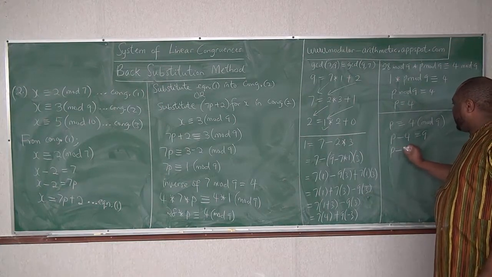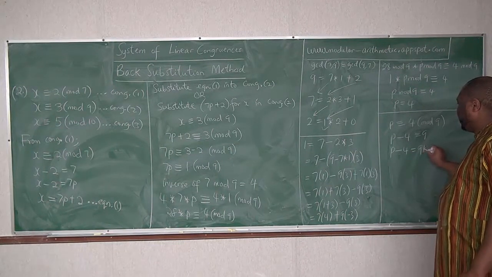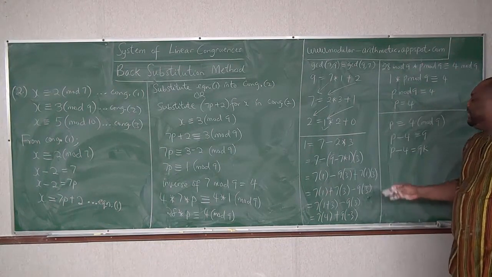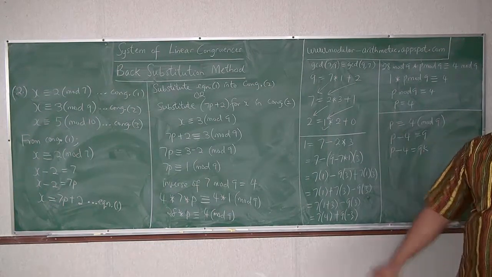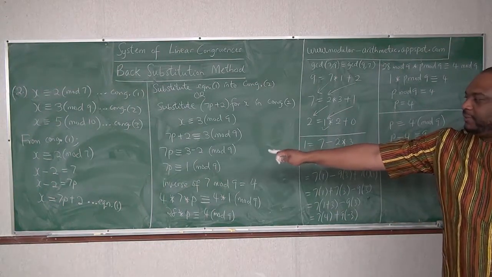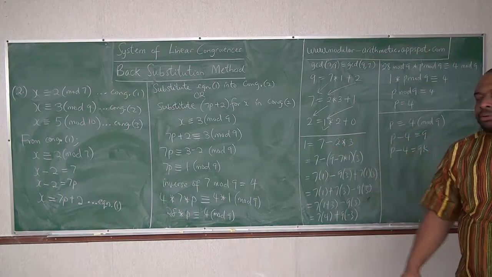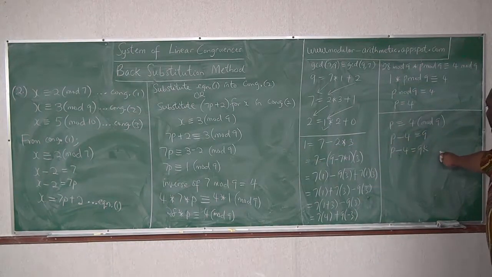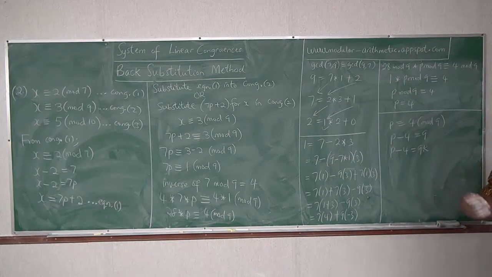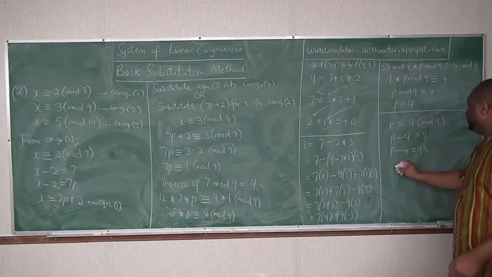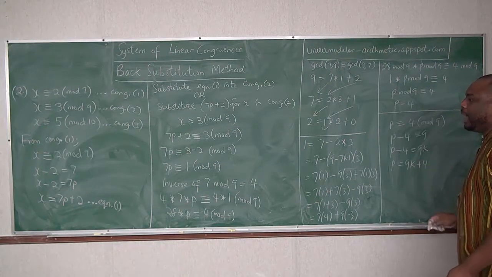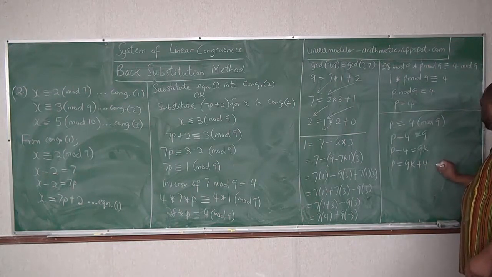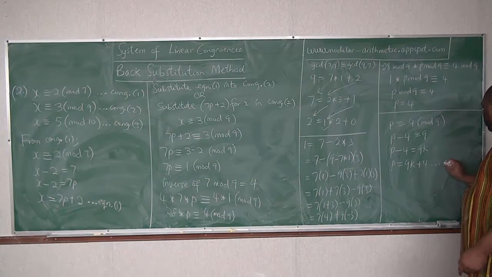And this means that P minus 4 is 9k, where k is a positive integer greater than 0. Just like here, P is a positive integer greater than 0. Here, k is a positive integer greater than 0. So P will be 9k plus 4. And we call this equation 2.